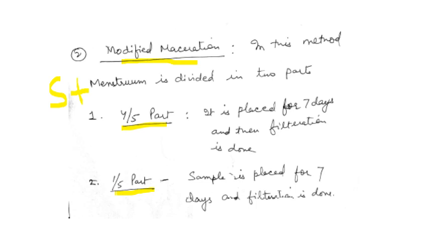Now we place the two parts for a period of 7 days both, and after that when we go for the filtration, we have the filtration of the maximum part and then the minimum part. Then we add both the extracts together, and then we perform the analysis.